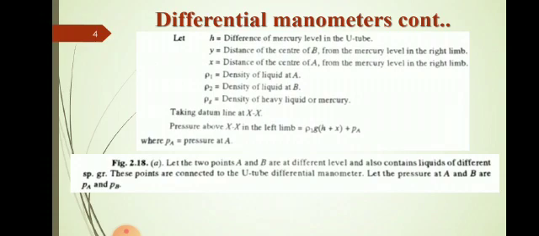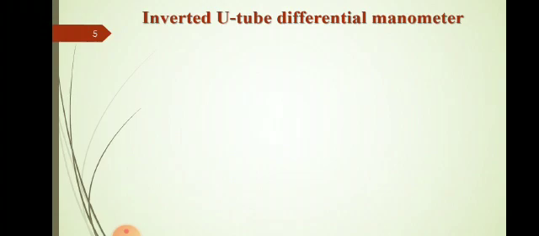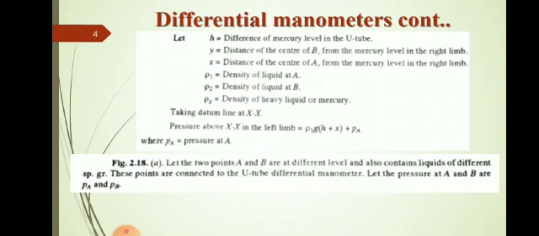Now we have to find out an expression for PA minus PB. Why are we finding PA minus PB? Because a differential manometer is used to find out the difference in pressures between 2 points. So here the 2 points considered are point A and point B, and the difference in pressure will be PA minus PB. So you have to draw the figure.